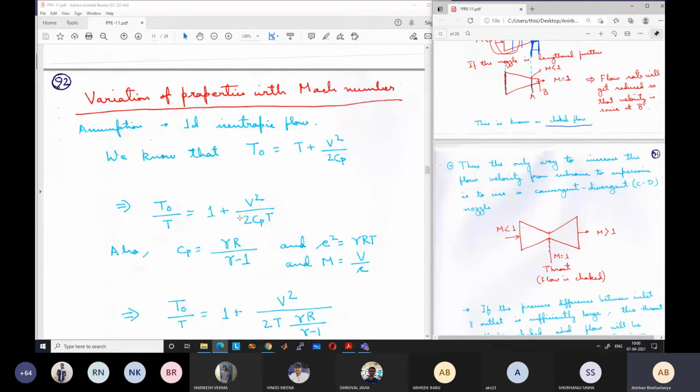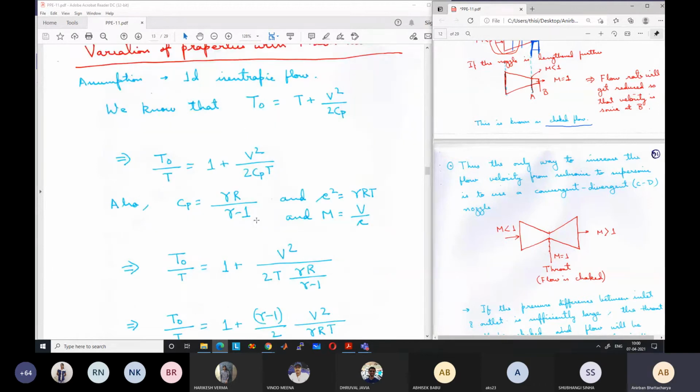So if you replace this here, you will get 2T into gamma R by gamma minus 1. Okay. So T0 by T is equal to 1 plus V square by 2T into gamma R by gamma minus 1. Okay. What is gamma RT? This gamma RT is equal to C square. Okay. So you will get 2C square in the bottom.